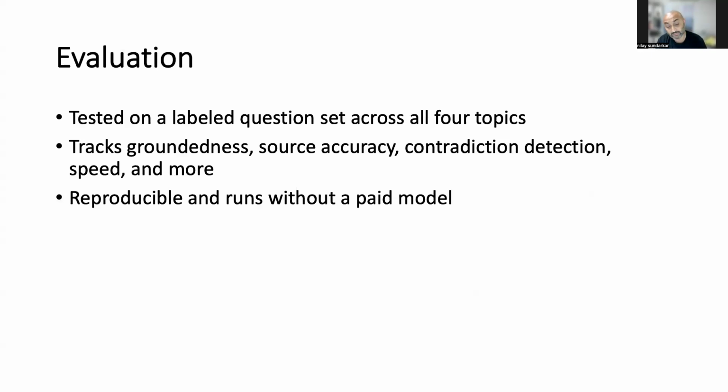To make sure it actually works, I tested it on a labeled set of questions covering all four topics. The evaluation tracks things like groundedness, whether claims are backed by sources, along with source accuracy, contradiction detection, and speed. And the whole evaluation is reproducible and runs without a paid model, so anyone can verify the results.